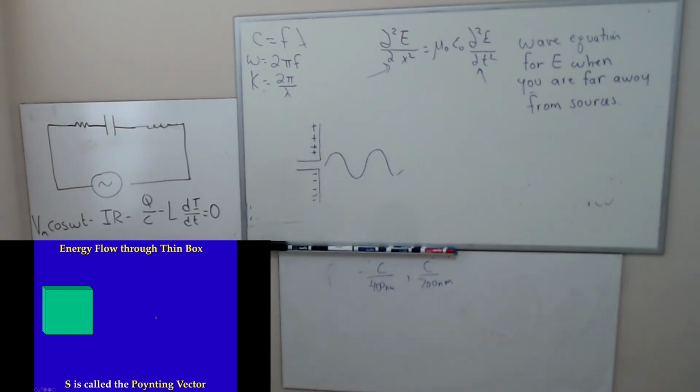So the last important thing I want to cover is the flow of energy. I want to talk about the flow of energy through a thin box. So let's imagine we have plane electromagnetic waves flowing through a thin box.